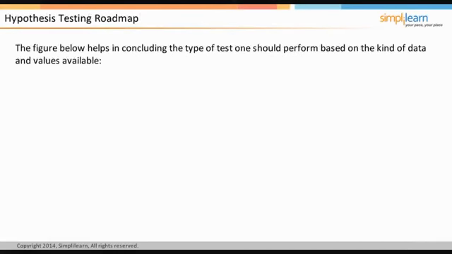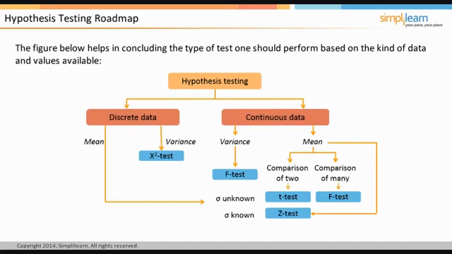This screen will focus on the hypothesis testing roadmap. Though the basic determinants of accepting or rejecting a hypothesis remain the same, various tests are used depending on the type of data. From the figure shown on the screen, you can conclude the type of test to be performed based on the kind of data and values available.